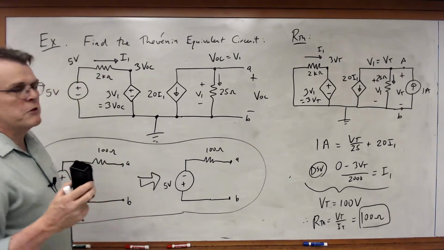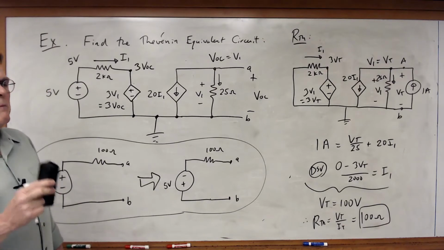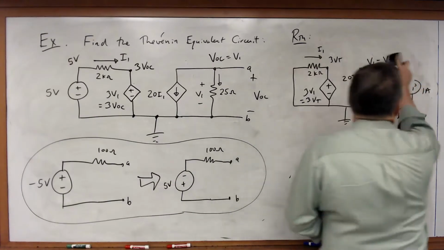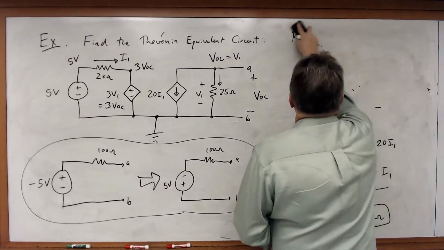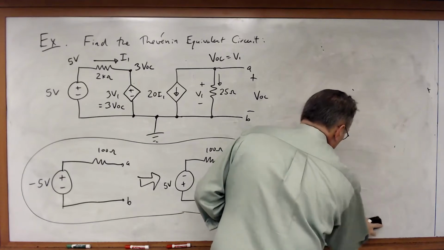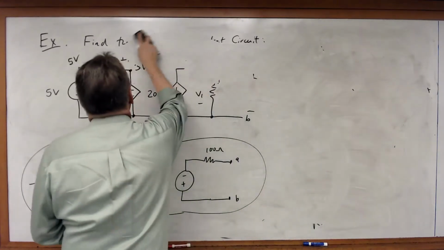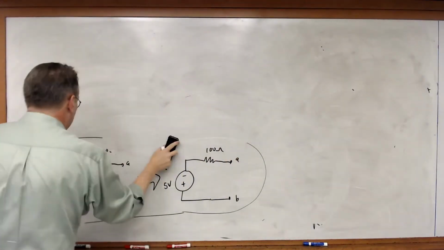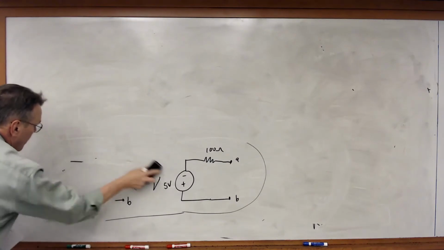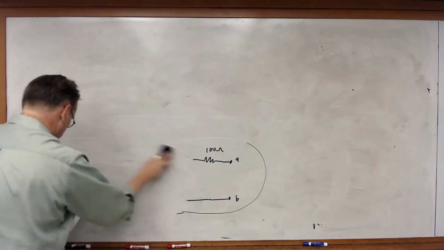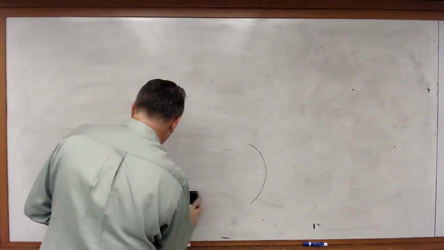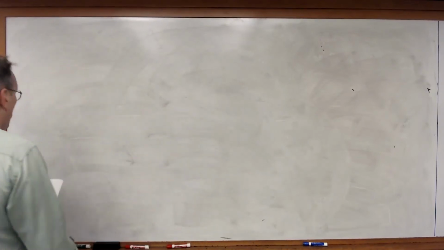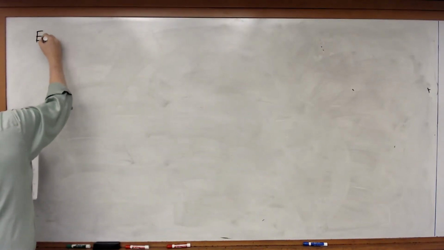And this is kind of an interesting problem because this illustrates something that's very fundamental to circuit analysis, especially when you're doing Thevenin's theorem. What if I wanted to find the Thevenin equivalent of this circuit?